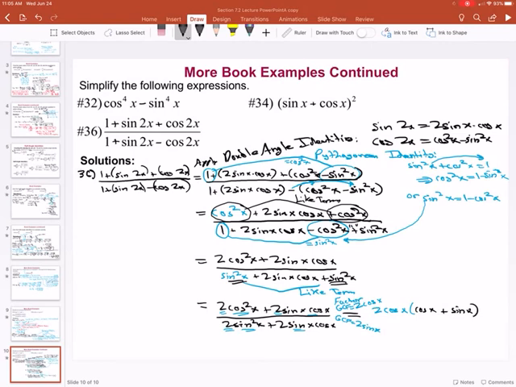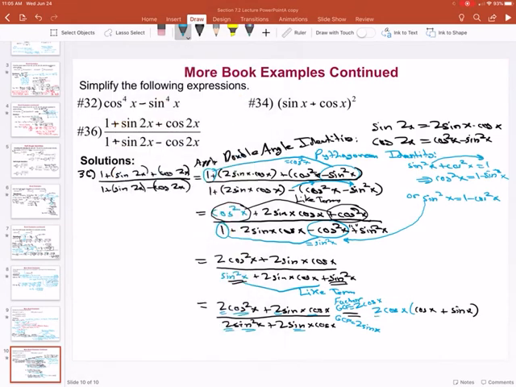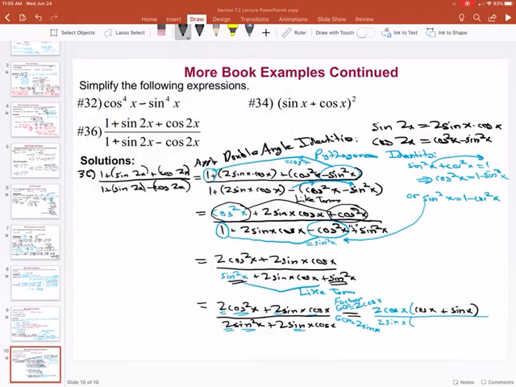And in the denominator, let's do the same thing. Let's factor out the 2 sine x. And what are we left with in the denominator? We're left with a sine x plus a cosine x.